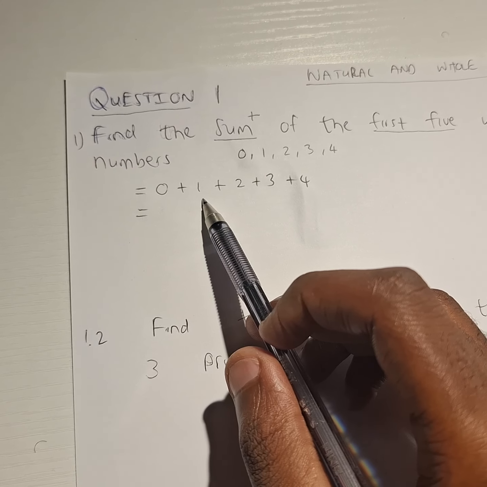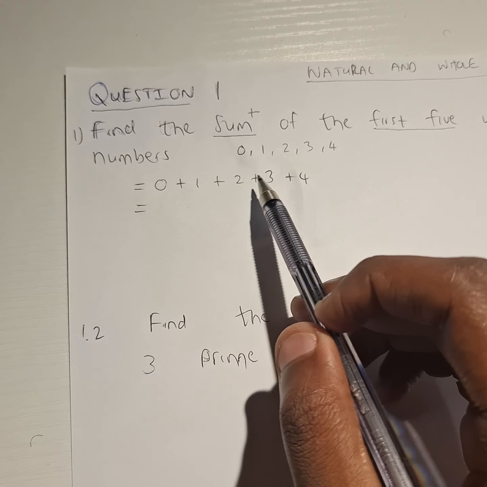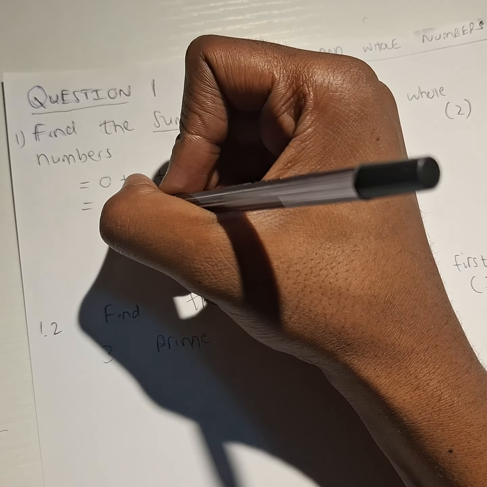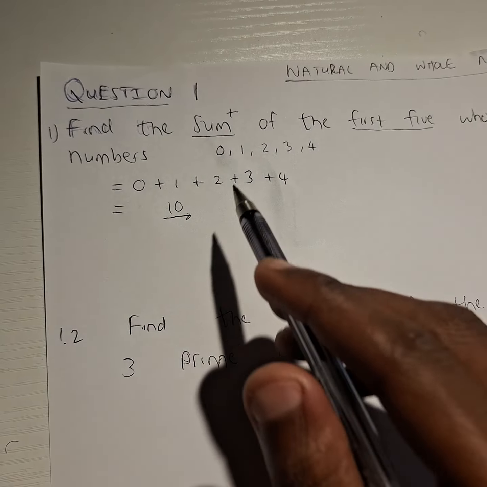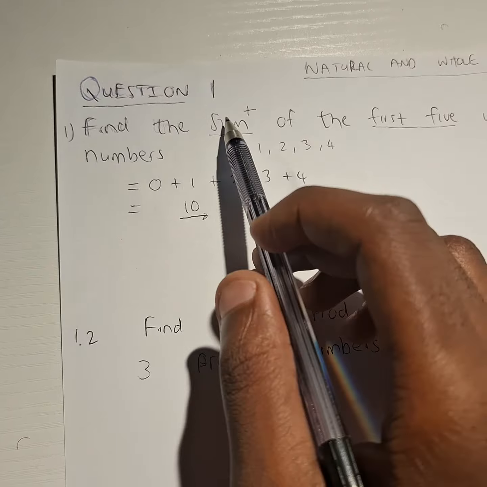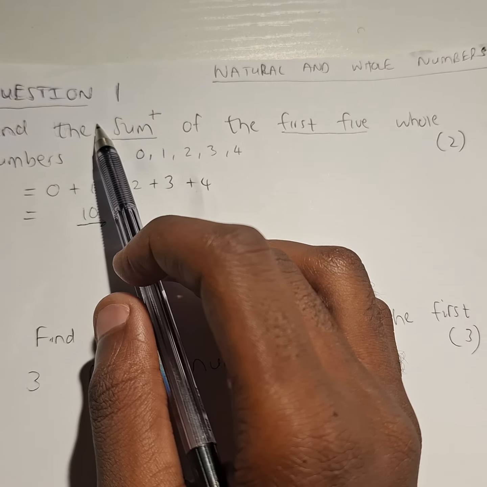Now what does that give us? 0 plus 1 is 1, plus 2 is 3, 3 plus 3 is 6, 6 plus 4 is 10. By showing this plus, I indicate that I understood what the word sum means.